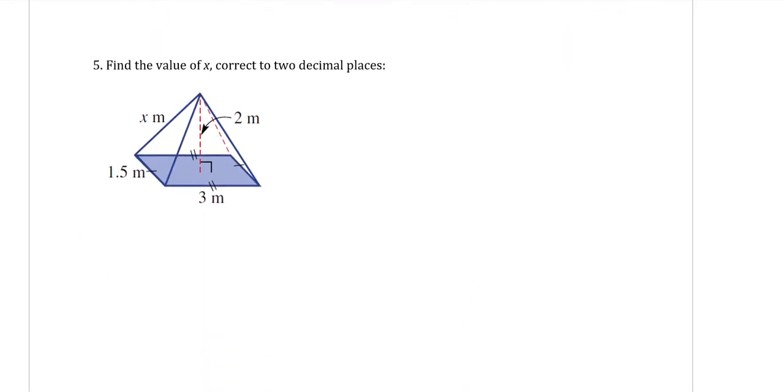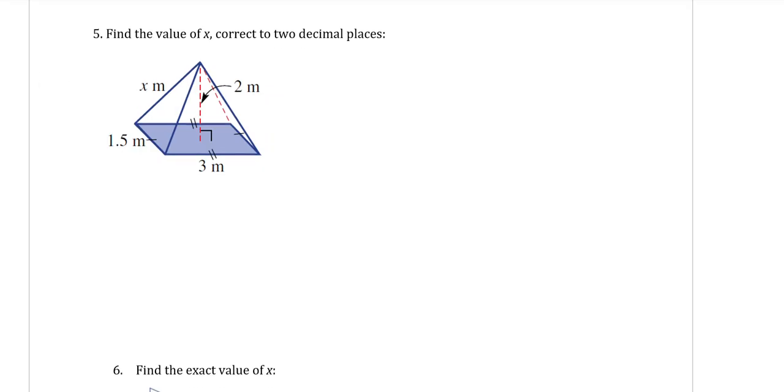Question 5. Find the value of x correct to 2 decimal places. Okay, so this is a rectangular base pyramid, and we have x over here on this sloping height.